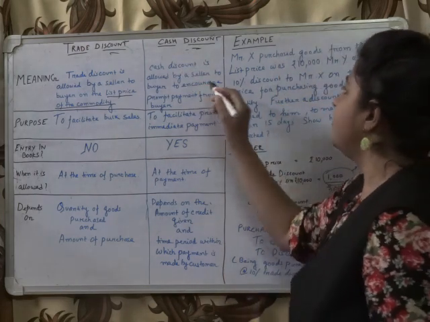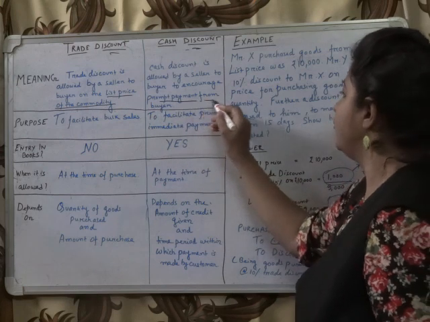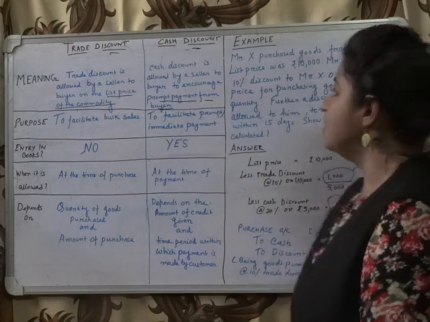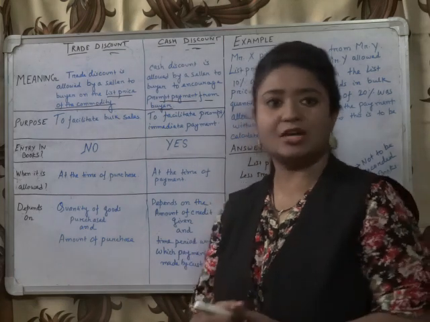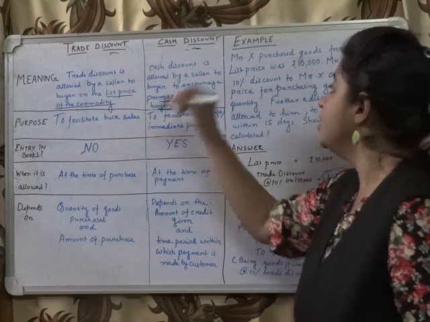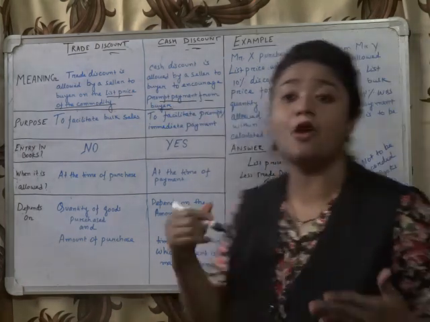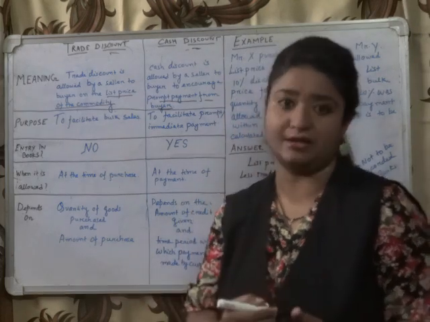Cash discount is allowed by a seller to a buyer to encourage prompt payment from the buyer. Cash discount may be 10%, maybe 20% like the trade discount, but why is it given? Its main purpose is to encourage prompt payment from the buyer.